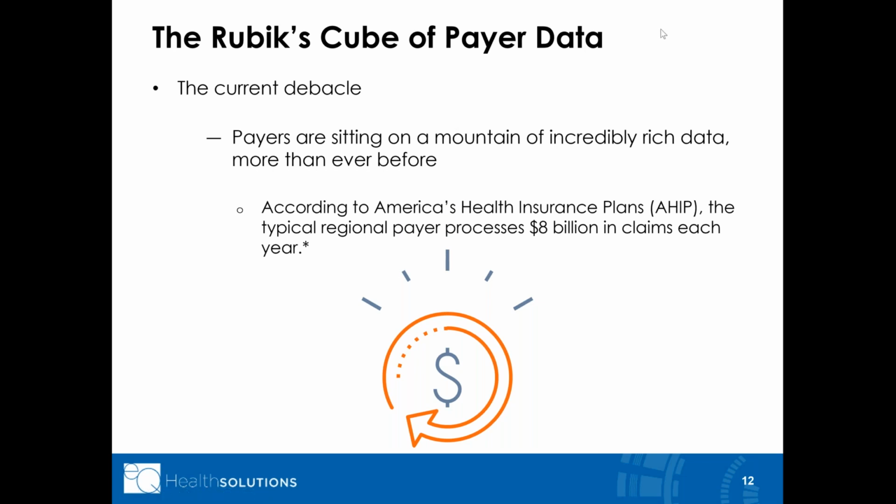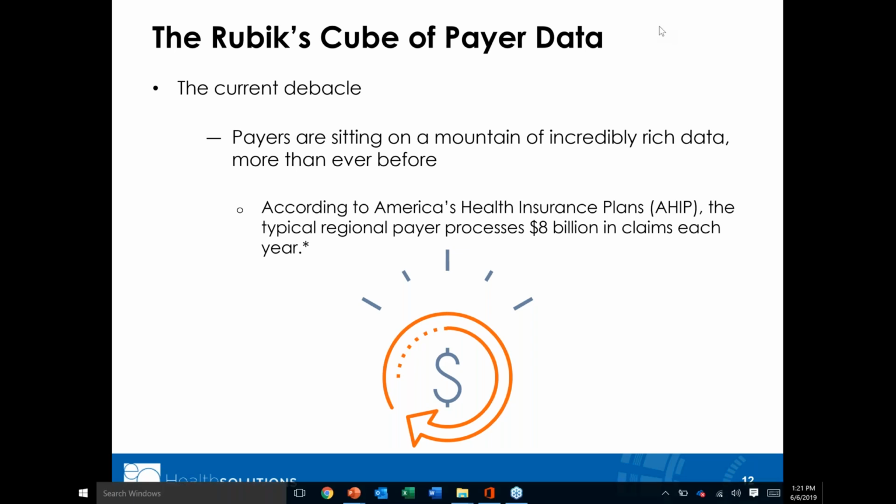According to AHIP, regional payers spend approximately $8 billion in claims each year. We can argue that number being up or down, but at the end of the day, that is still a lot of data. And that's just a cost figure; it doesn't even reflect the operational data set you're having to deal with.